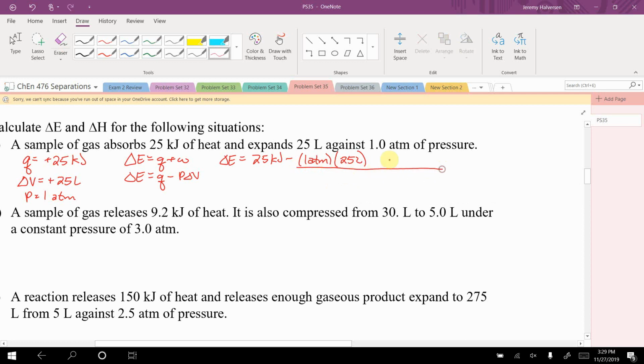I know that 1 liter atmosphere is 101.3 joules, and then I know there's 1,000 joules in 1 kilojoule. If the way that I wrote it out doesn't really make sense, basically you can just calculate the work in liter atmospheres and convert it to kilojoules. That's all I'm doing.